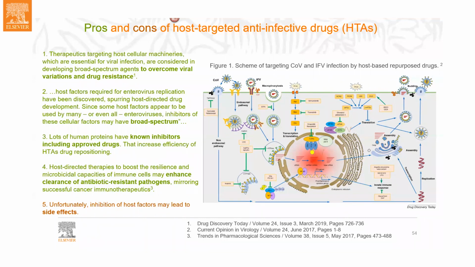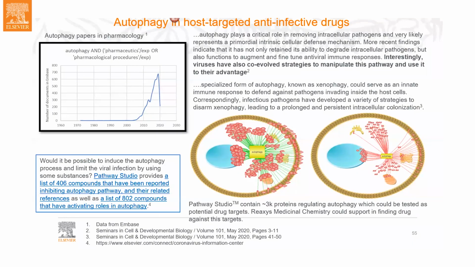For example, using some compounds which affect host proteins can help you to overcome drug resistance. It can help you to cover a broad spectrum of viruses or bacteria, but for sure it may lead to some side effects.